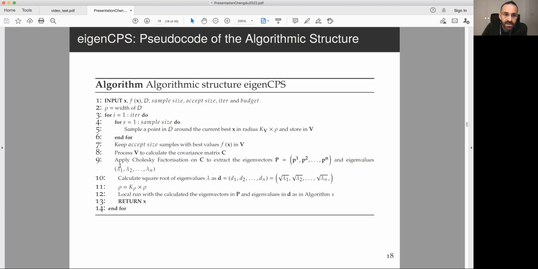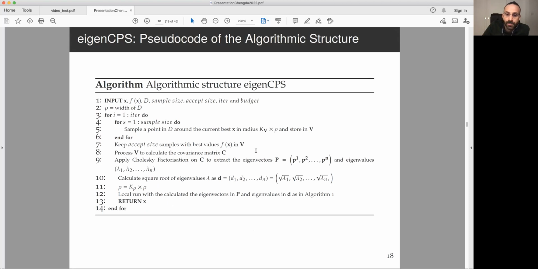But then here we have, let's say, a main program that is launching the local search multiple times, and every time it is performing the analysis. So here we are performing the fitness landscape analysis. In this for cycle, we are sampling some points.